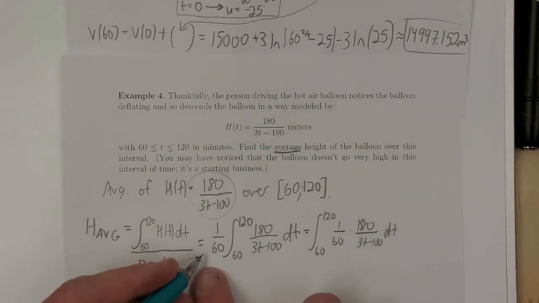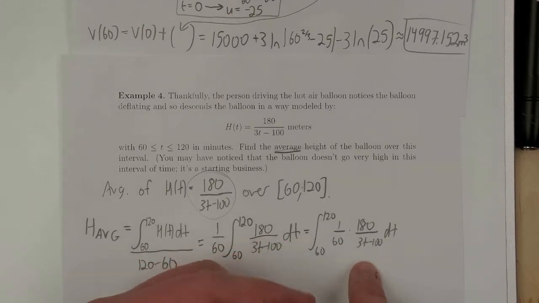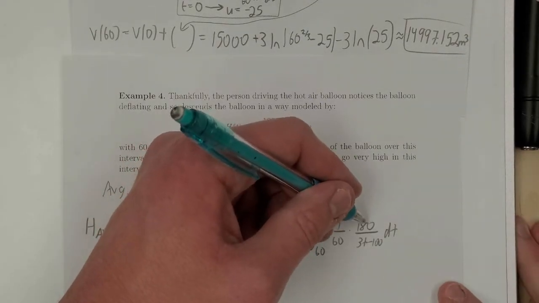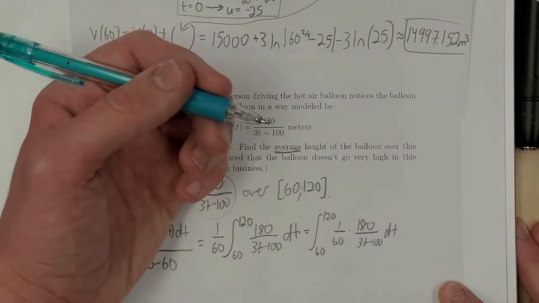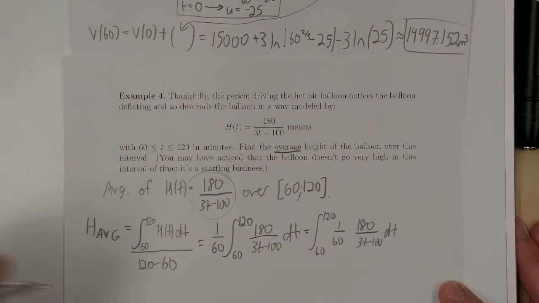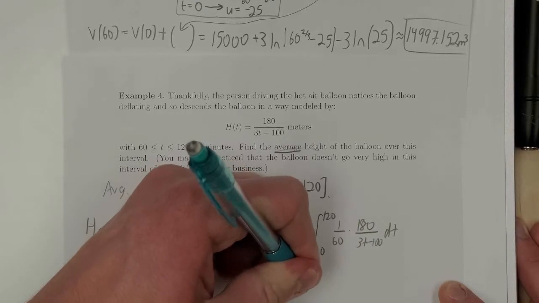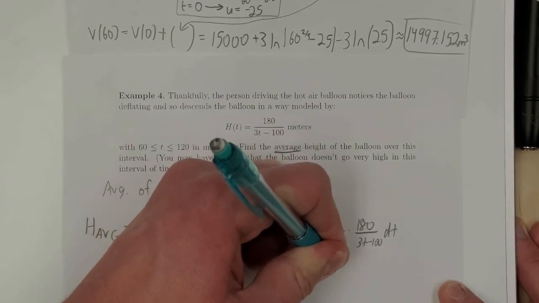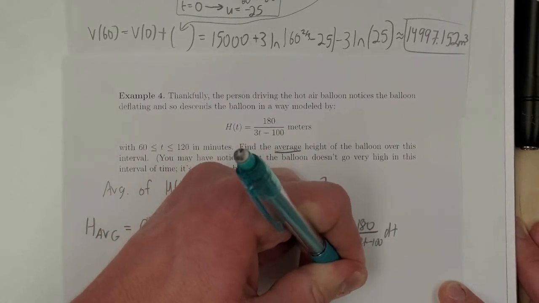If we bring this 1 over 60 into our integral, what cancels out? Yeah, because 180 divided by 60, well, that's just 3, isn't it? So we ultimately have the integral from 60 to 120 of 3 over 3t minus 100 dt.